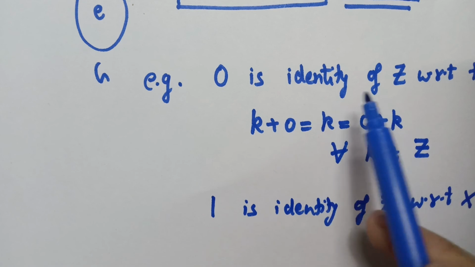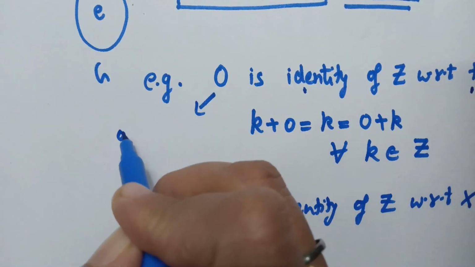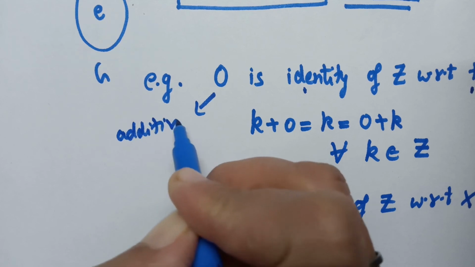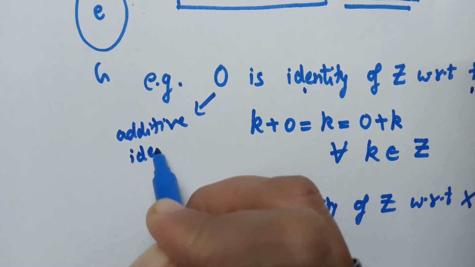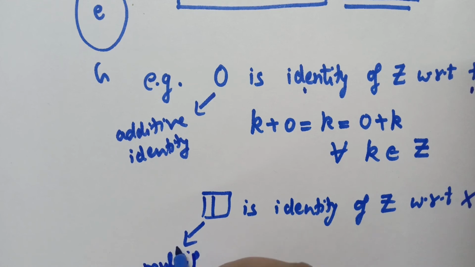So the identity with respect to addition is called additive identity, and identity with respect to multiplication is called multiplicative identity.